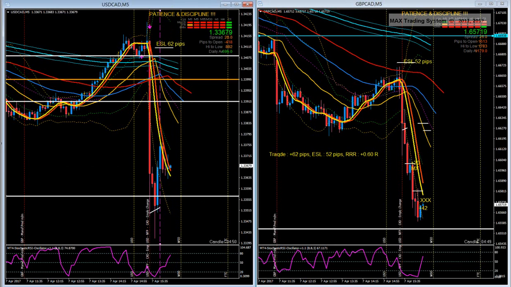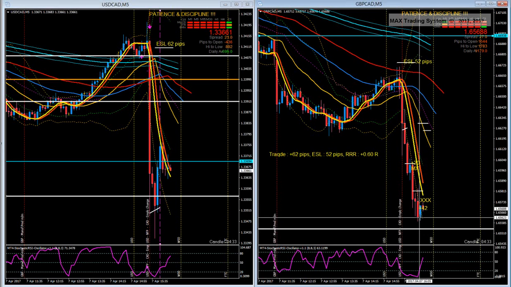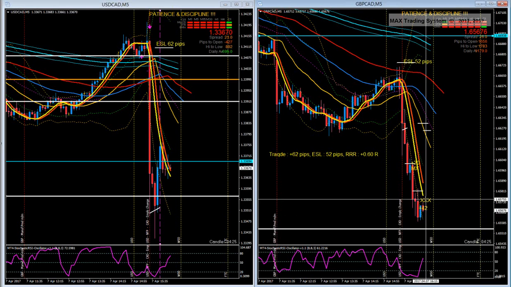Let me draw a horizontal line here. Yeah, in this area. Oh, it's good. We don't need to be accurate on the pips. So here we have also an exit setup bar based on an indicator, and if we are still in the trade, we will have to define an exit level which is not too far away from the previous level here.